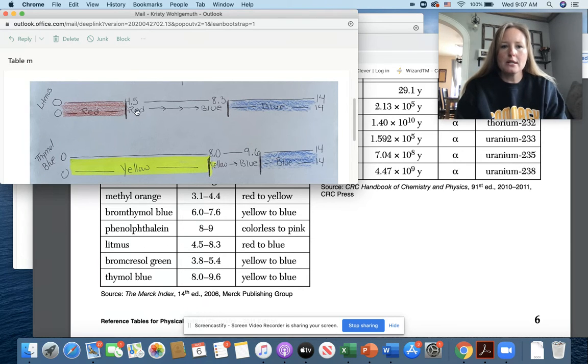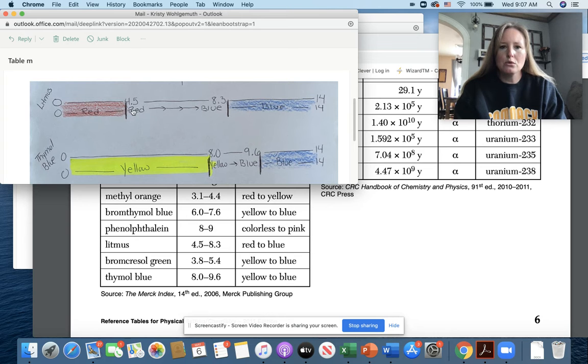I blocked out 4.5 to 8.3 on this pH scale, and I did not draw any colors in because I cannot specify exactly what color is at every pH. But I do know that at 4.5, that's when the red starts turning to blue. So everything from 0 to 4.5 is going to be red.